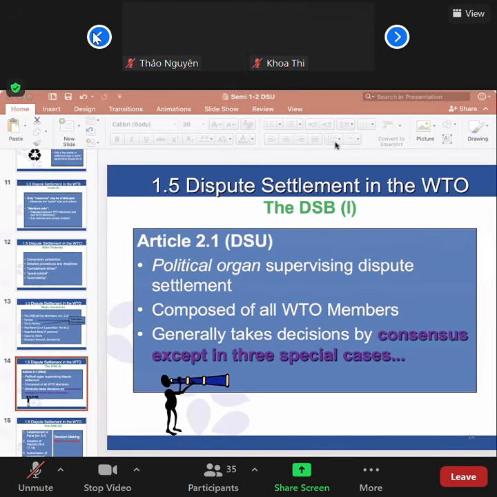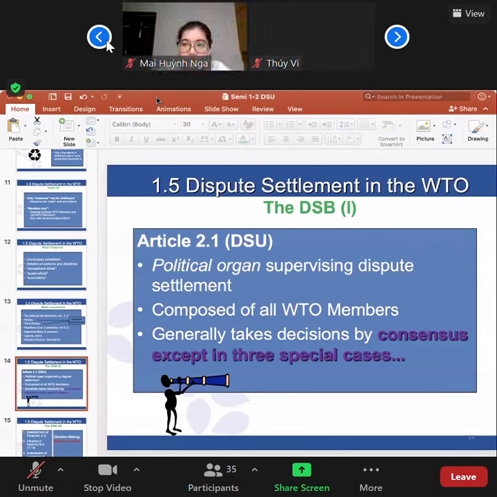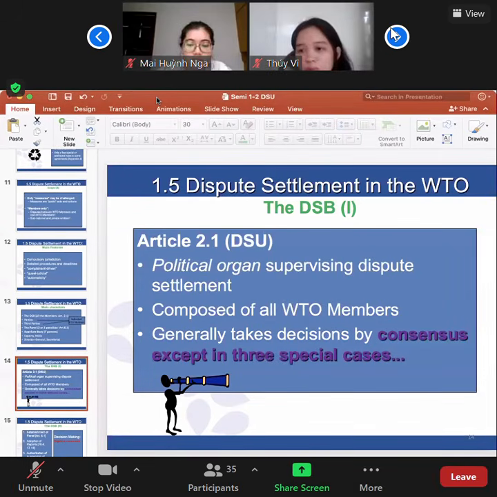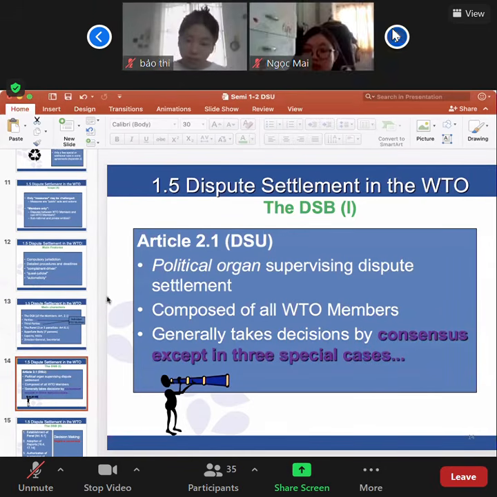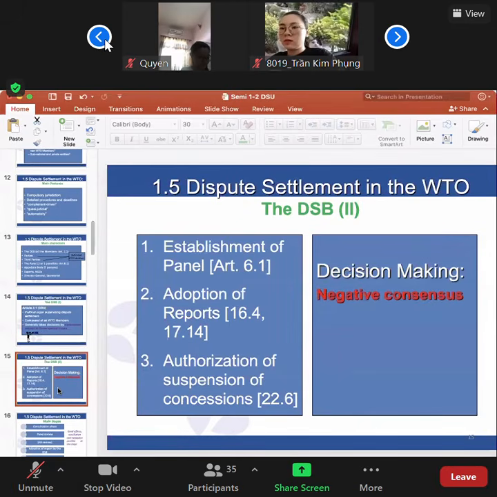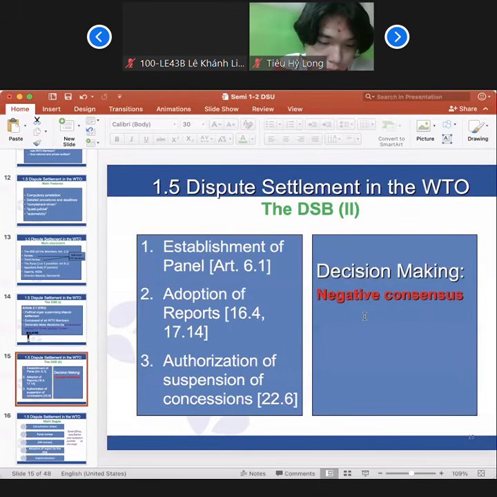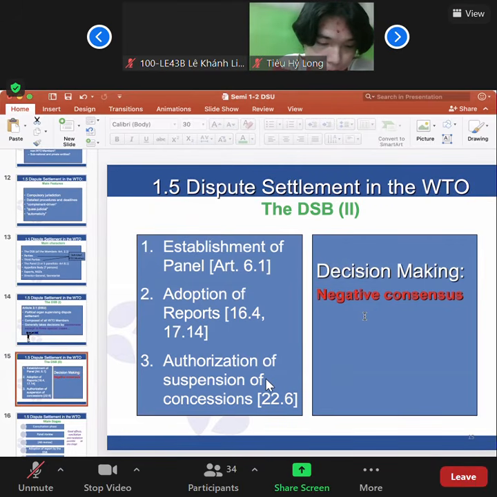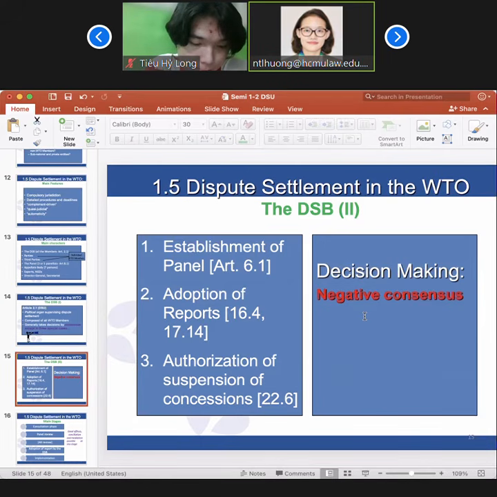By consensus. Okay, so when the DSB has to take any decision, it applies consensus. But in the following cases, they will not apply this consensus rule, but use negative consensus. It's a little bit complicated, but I need you to focus. The first thing: if the DSB needs to take any decision, the main rule is consensus, which is a kind of traditional procedure under the WTO system.